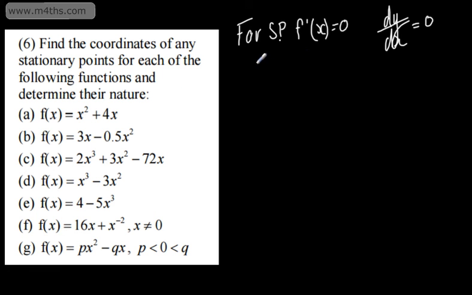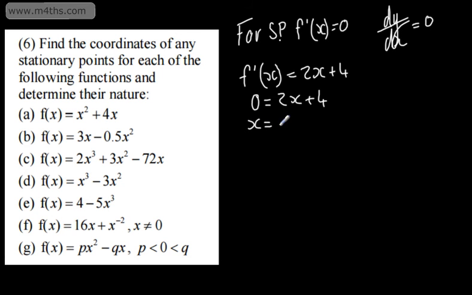So let's look at this now. What we're going to do is write f'(x). For this one, that's simply going to give me 2x + 4. So solving this by setting it equal to 0 for the stationary point, 2x + 4 = 0, so we can see that x is equal to -2. This gives me the x coordinate. All I need to do to find the y coordinate is simply substitute in.